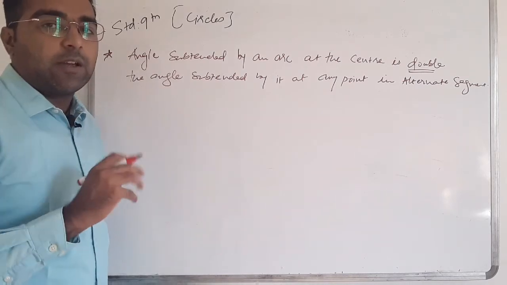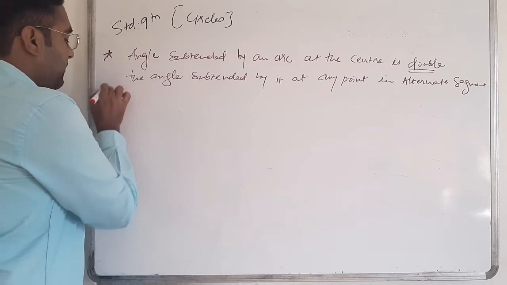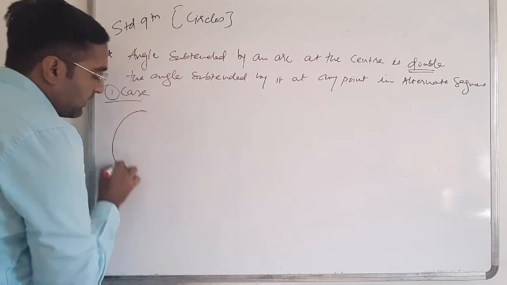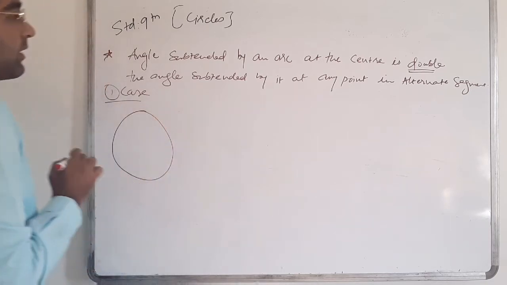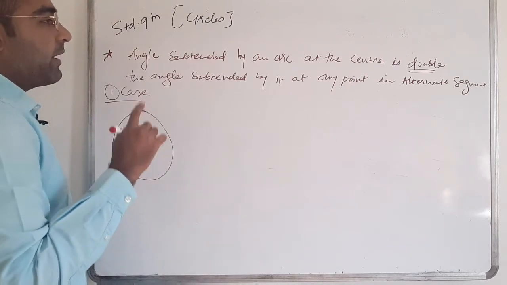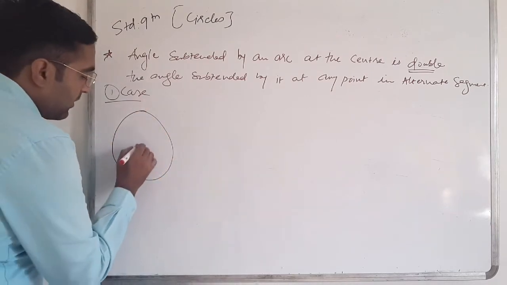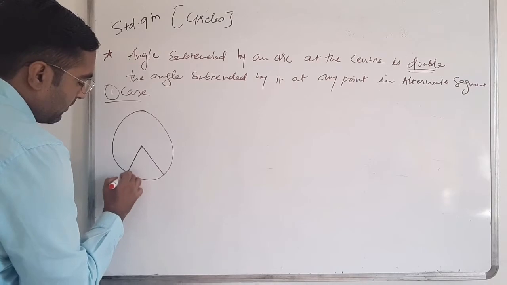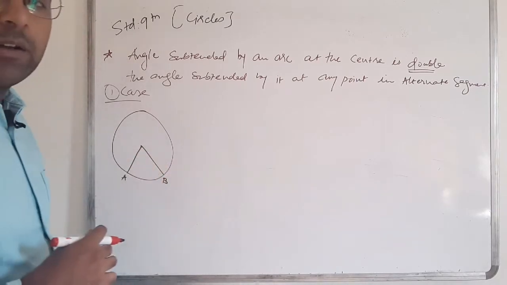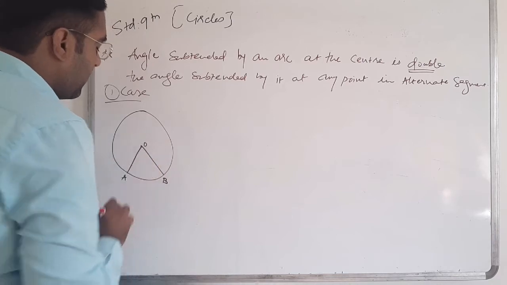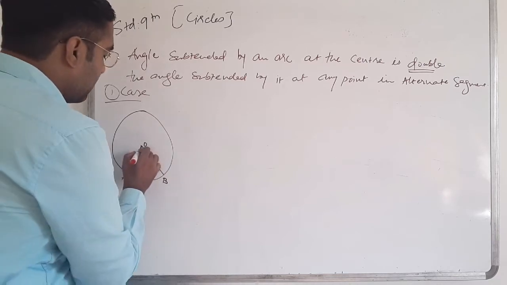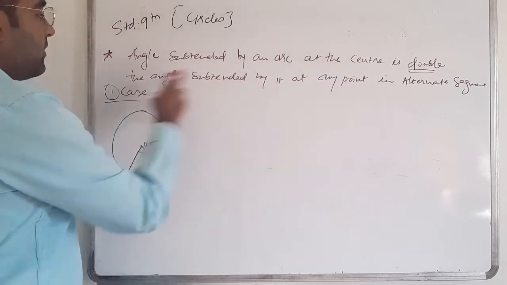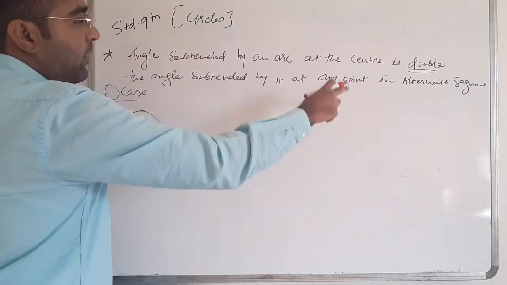There are three cases formed. So we are talking about the first case. If I take the angle subtended by an arc at the center, here is my arc and here is my center, then the angle subtended by the arc, that is this angle AOB, is double the angle subtended by it at any point in the alternate segment.